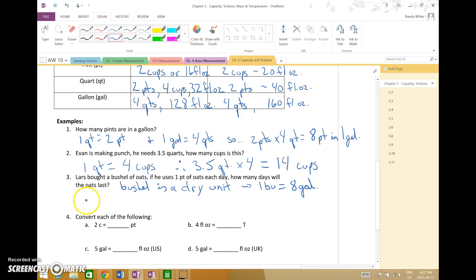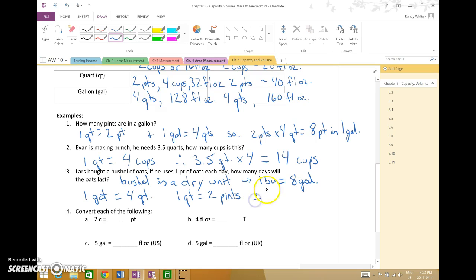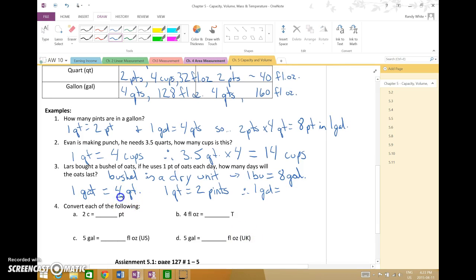Well, 8 gallons, or 1 gallon, equals 4 quarts. And 1 quart equals 2 pints. So 1 gallon equals, I'll take the 4 quarts times 2 pints, is 8 pints.